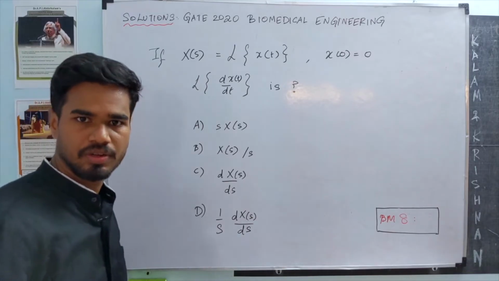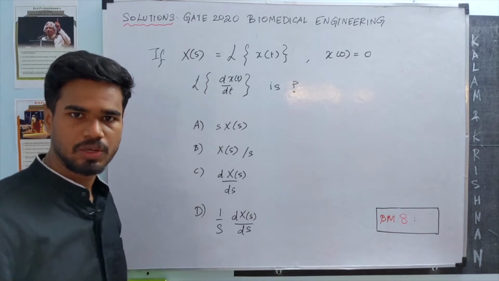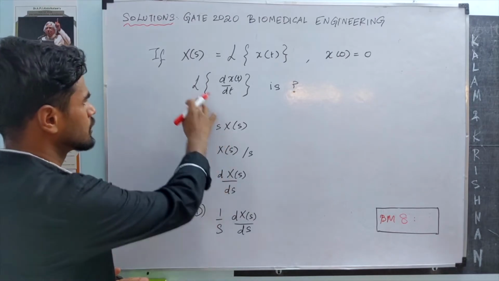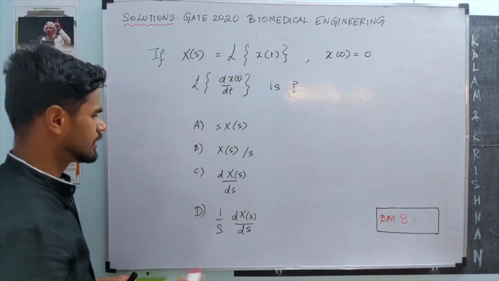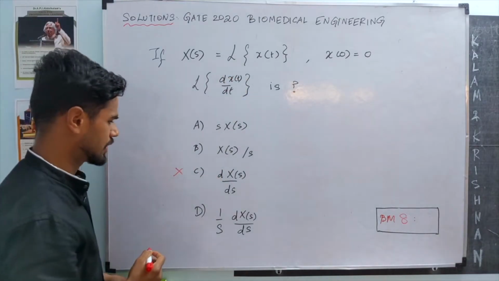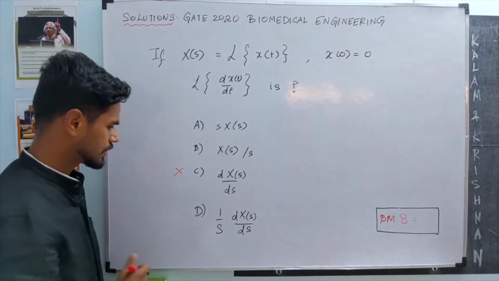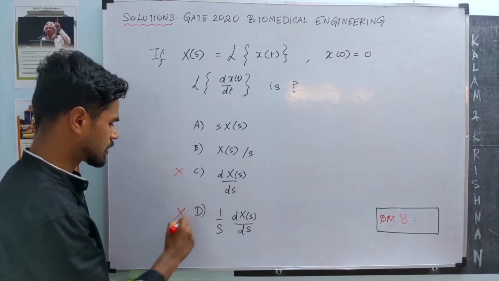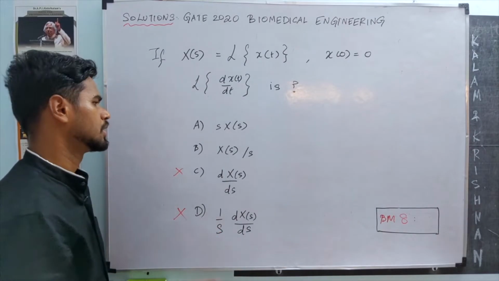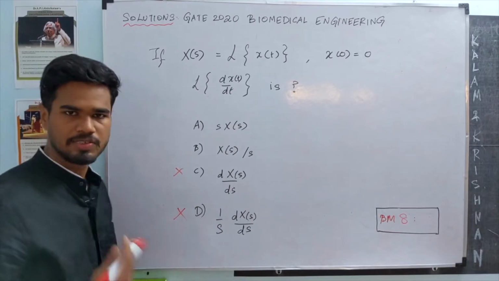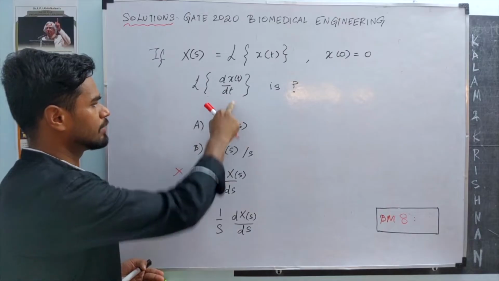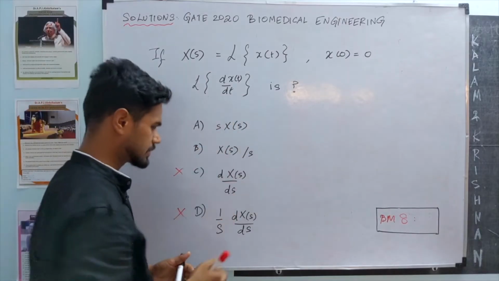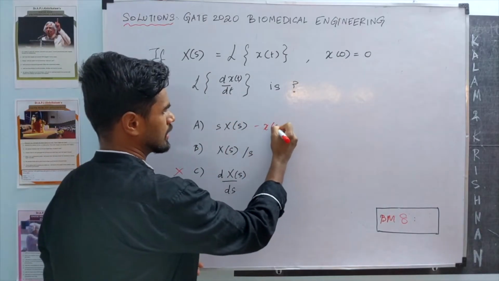Laplace transform converts differential equations into algebraic equations. So whenever you take the Laplace transform, all these derivatives will disappear. You can directly say C is not an answer. Similarly, this has a derivative, so D is not going to be an answer. In fact, one of the simplest properties of the Laplace transform is that the Laplace transform of a derivative is s x of s minus x of 0.